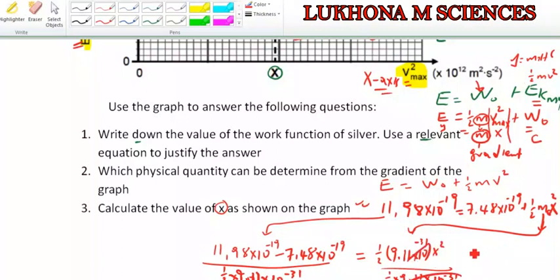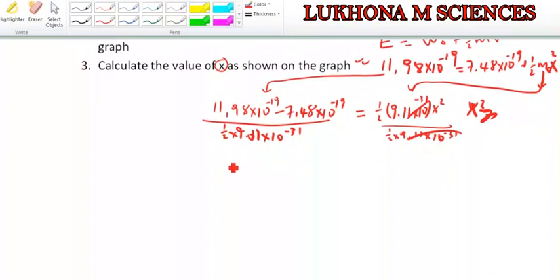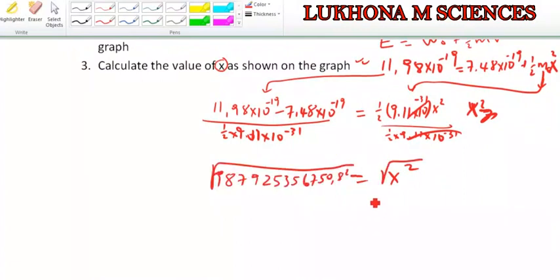So we are left with x squared, which is equal to, let's press the calculator. We are left with x squared. Alright, then we get this one.